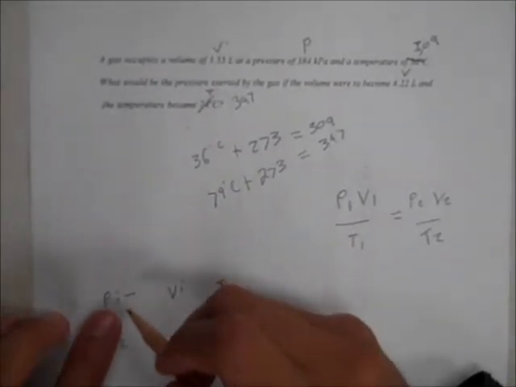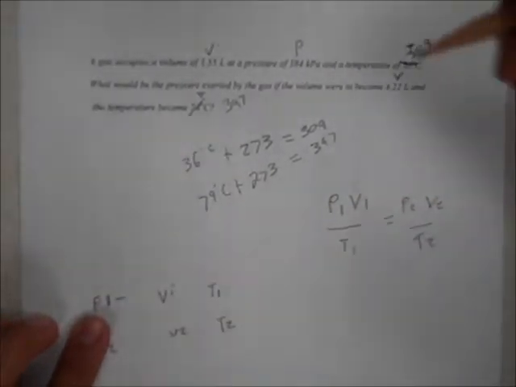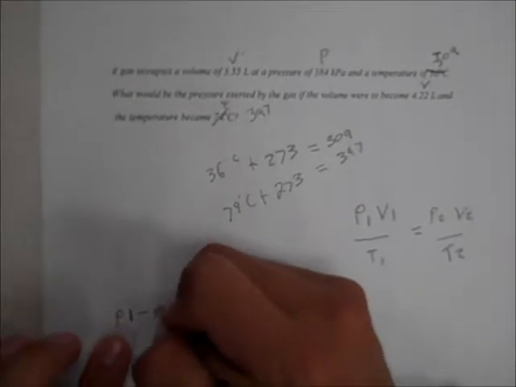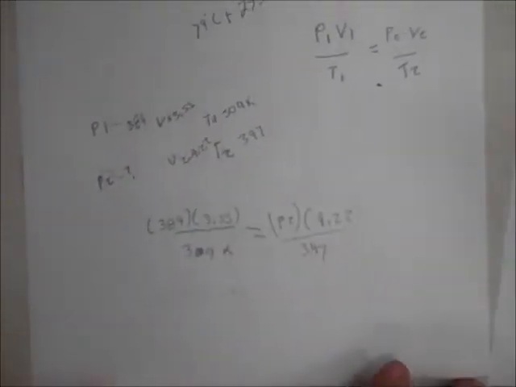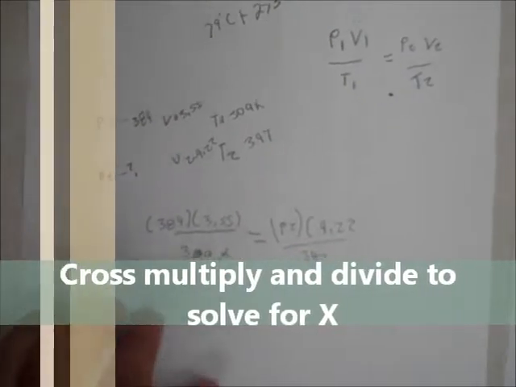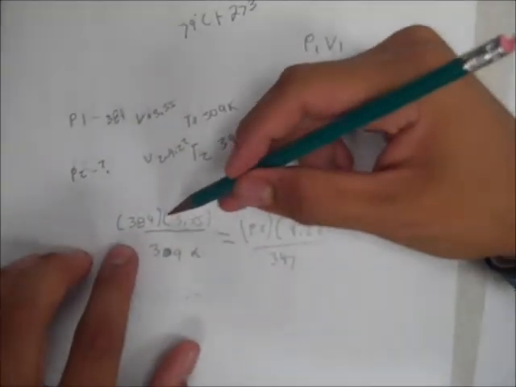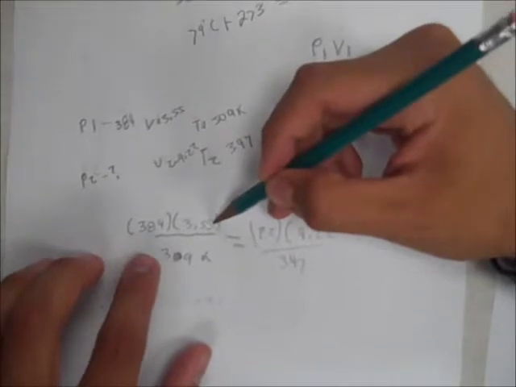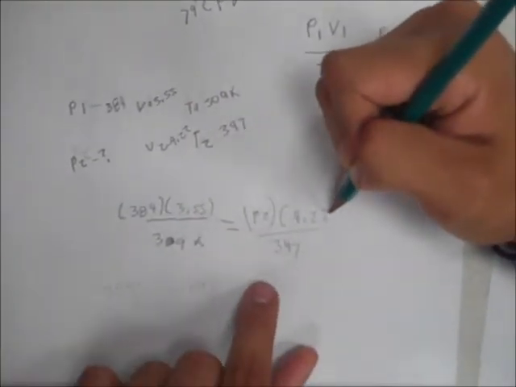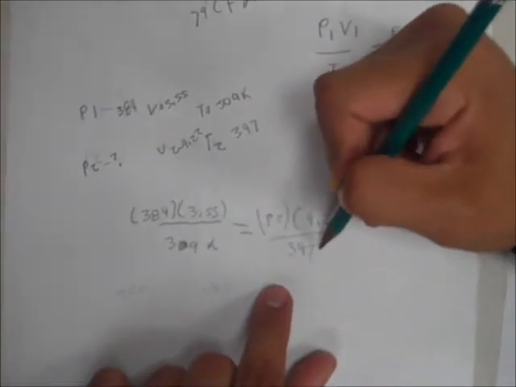Okay, so P1 is going to be 384. Now we're going to solve the problem by cross multiplying and dividing. As you can see here, we have 384 times 3.55 over 309 Kelvin equals P2 times 4.22 divided by 347.